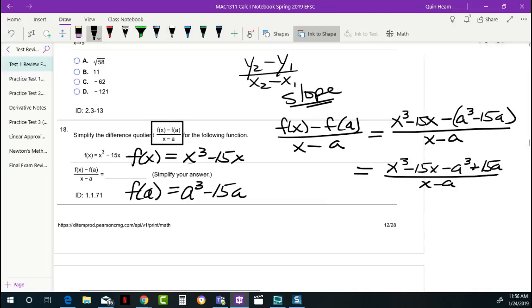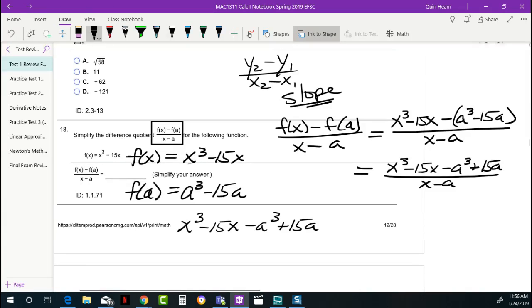Or I was noticing this is a 4-term polynomial and we could possibly use factoring by grouping, so I'm going to try that. So I'm going to write down the polynomial here, x cubed minus 15x minus a cubed plus 15a. And let's see if we can use some grouping here.